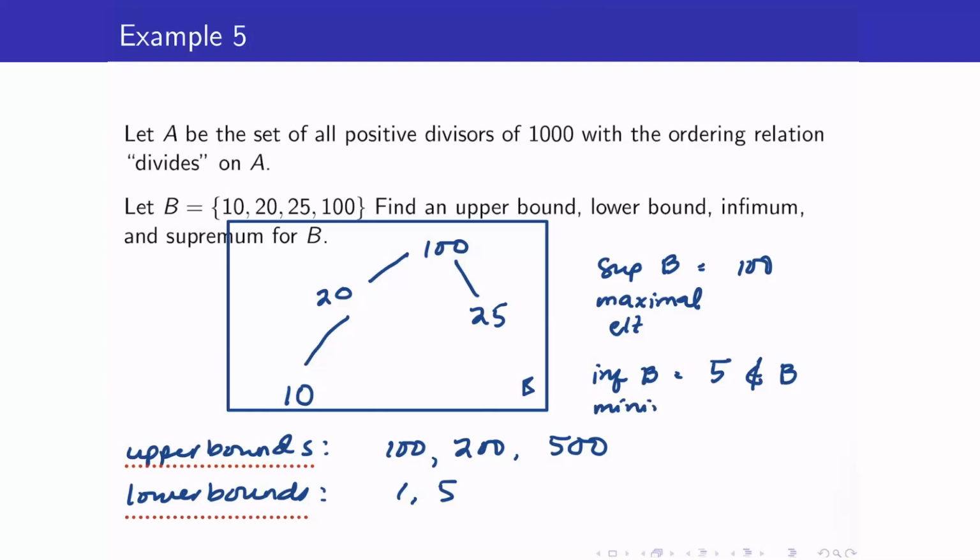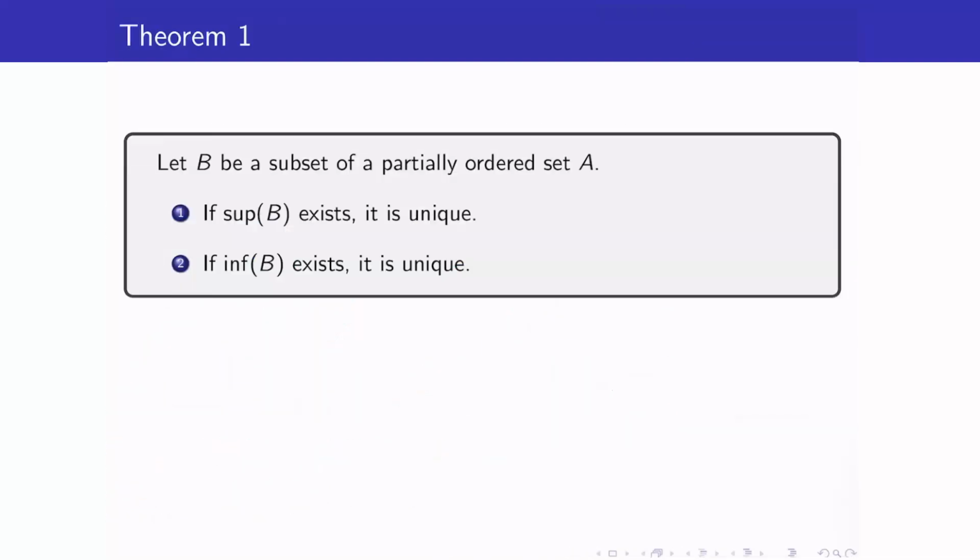Do we have a minimum element? The answer is none, correct? Because 10 is not comparable to 25. If 10 is a minimum element, then it has to be less than or equal to all the elements of B.